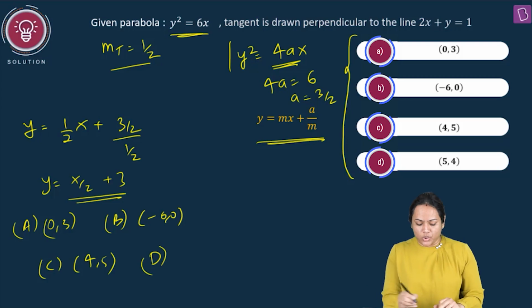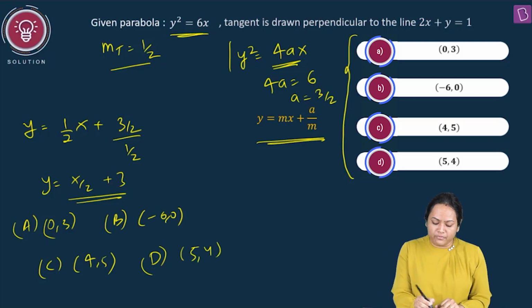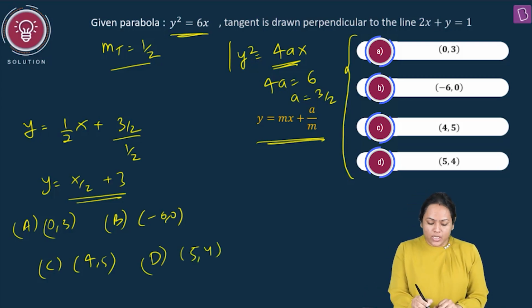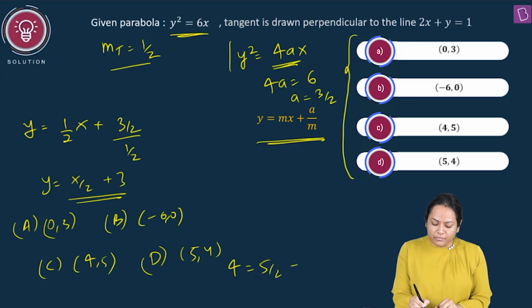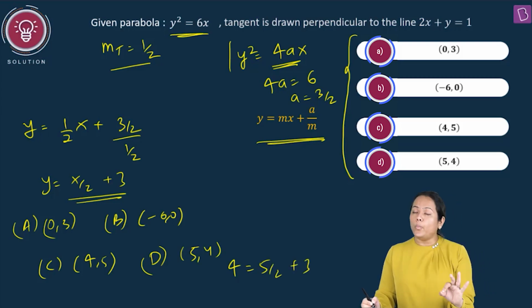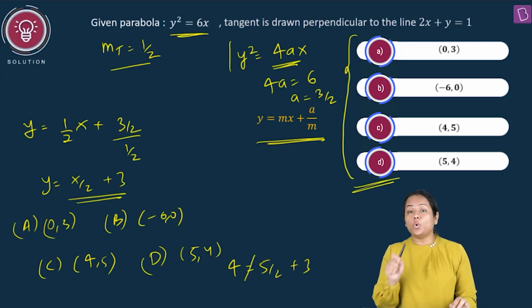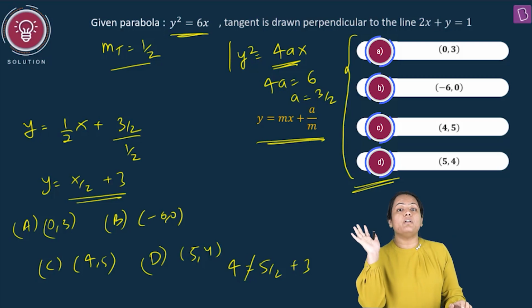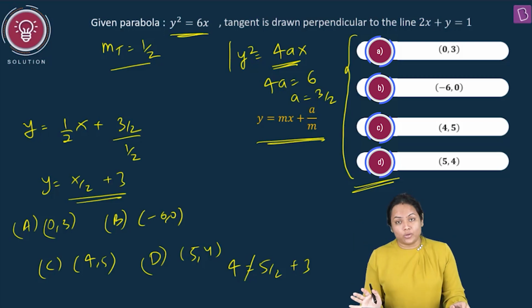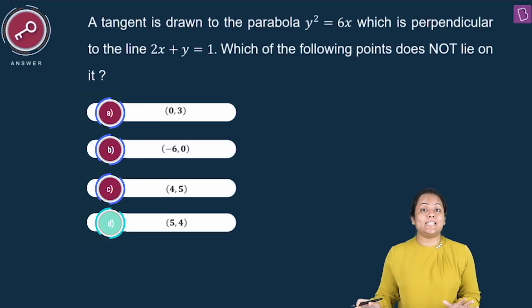But my D option, which is (5, 4), if I substitute in the equation, is 4 equal to 5 by 2 plus 3, guys? Well, the answer is no. That means my D option is not going to lie on the equation of tangent, which we have just written. Clear? Okay, so the answer for the question is D.